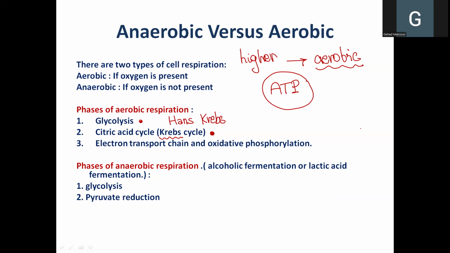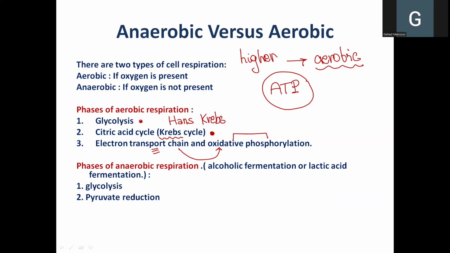And then finally, we have the electron transport chain that is associated with oxidative phosphorylation, or phosphorylation associated with oxidation that we mentioned before.